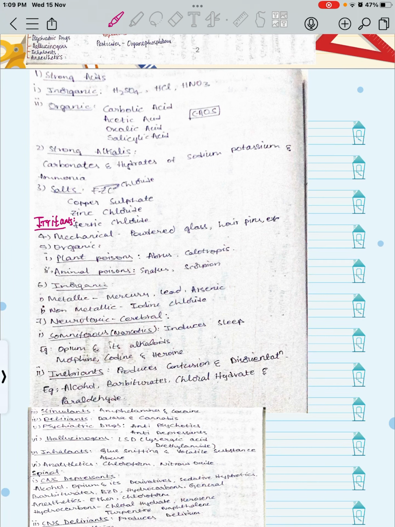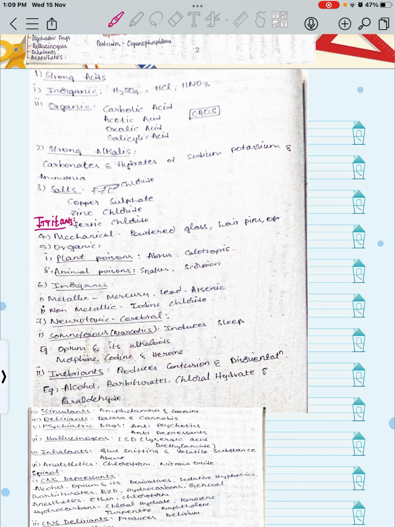Strong alkalis are carbonates and hydrates of sodium, potassium, and ammonia. Salts are copper sulfate, zinc chloride, and ferric chloride.